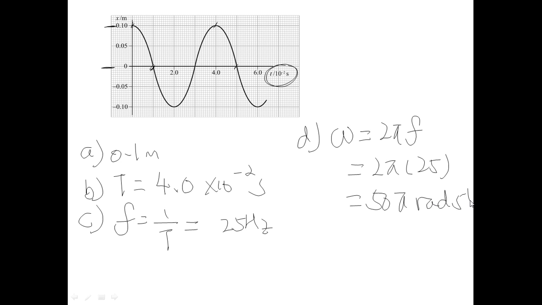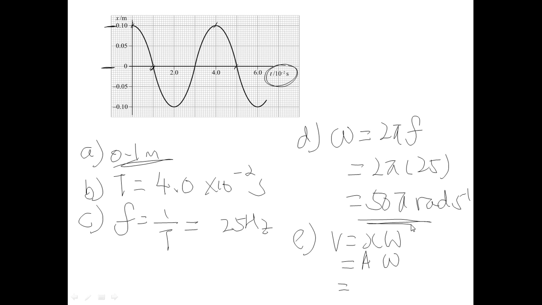Okay, and then lastly is the maximum speed of the oscillating mass. So we know that the speed is related to x omega. Now the question says the maximum. So the maximum means that x will be at the maximum amplitude, but omega will be the same throughout the oscillation. So the amplitude is here, this is the amplitude and this is the omega.